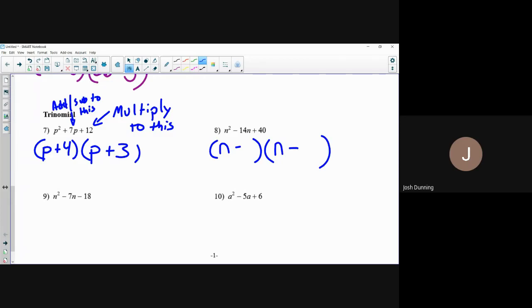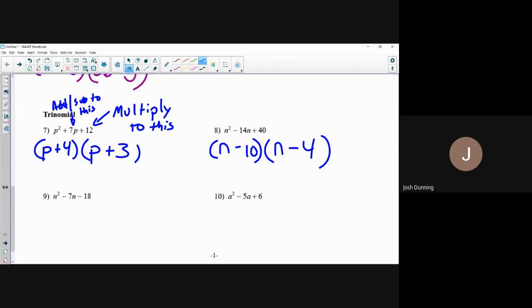Think about it. Maybe 8 times 5 pops in your head first. 8 times 5 is 40, but 8 plus 5 is 13, not 14. Try again. Maybe you already knew this. It'll be 4 and 10. 4 times 10 is 40. 4 plus 10 is 14. They're both negative. You could put them in either order. They both have minuses.